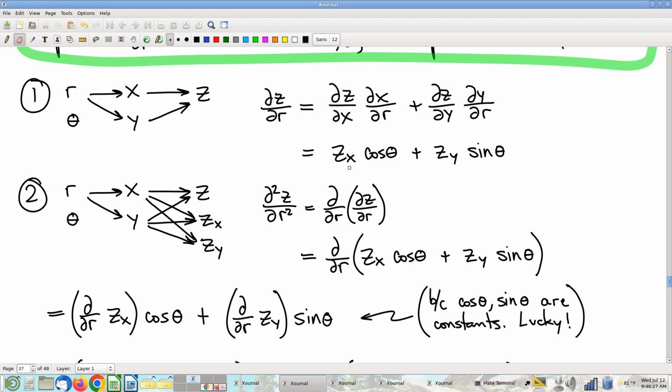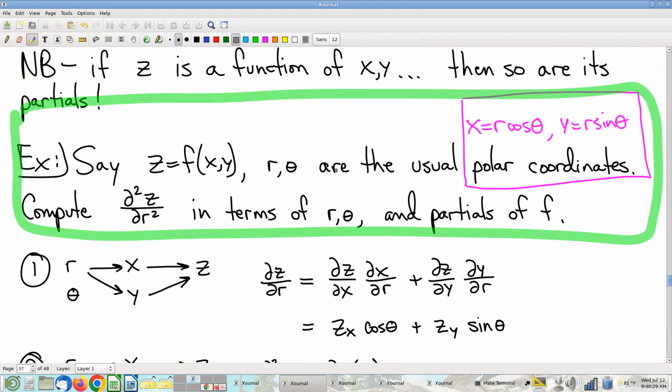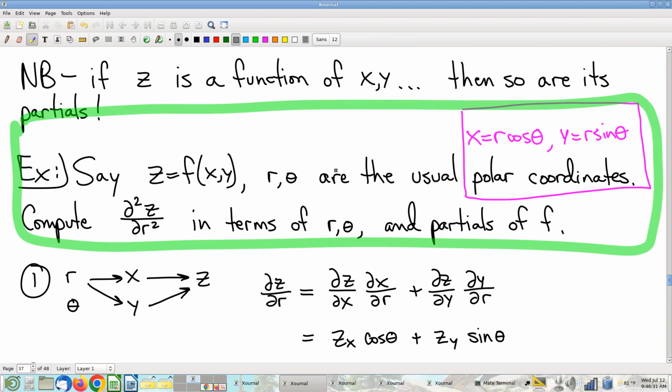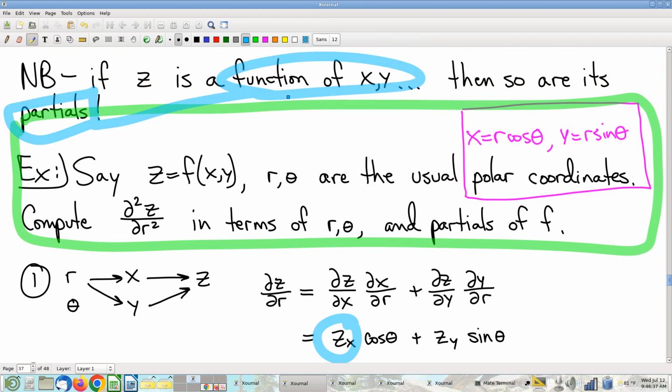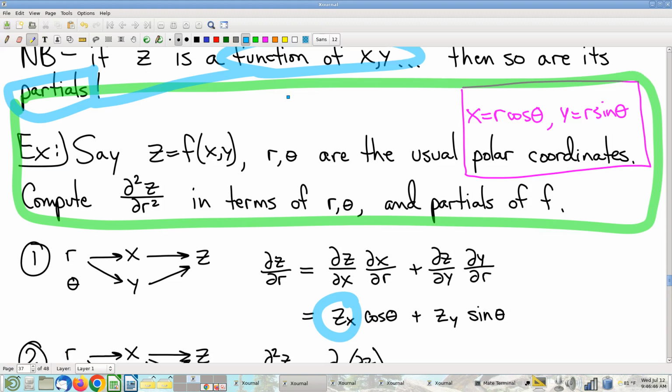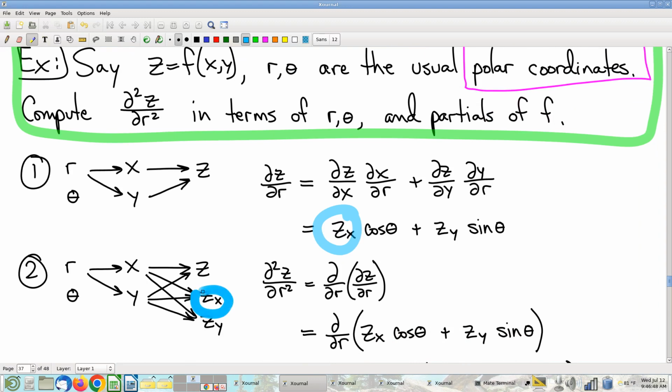So zx, as previously noted, being as it is a partial of z, just like z, is a function of x and y. And being a function of x and y, I will indicate thusly on the diagram, my new appended diagram. Is everybody on board?